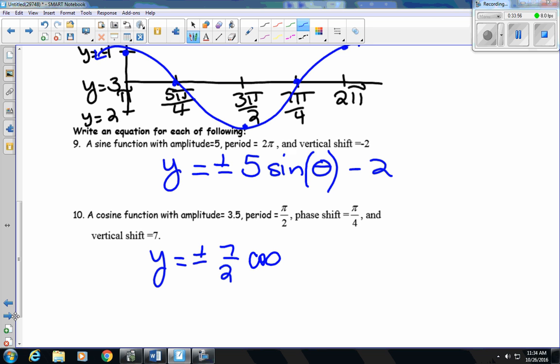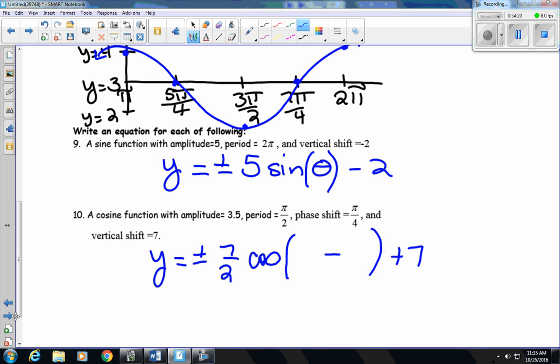Do I have a phase shift? Let's go ahead and set it up. My phase shift is positive, so my sign should be negative. I also have a vertical shift. That's an easy point to get. Plus 7 at the end. That would get you partial credit right there.